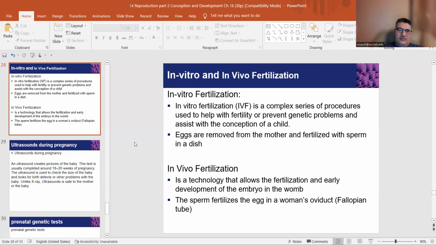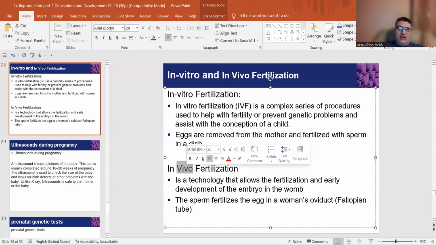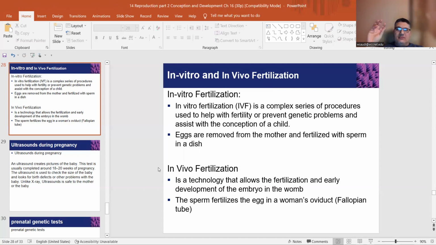Which is, we talked already about pregnancy. Are there alternatives if this couple are not able to make conception and do fertilization? What can we do? There are two things here. There's in vivo and in vitro. Vivo means inside the mother's uterus, inside. Vitro means outside, in the lab.